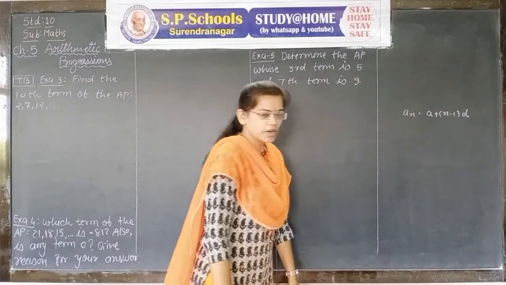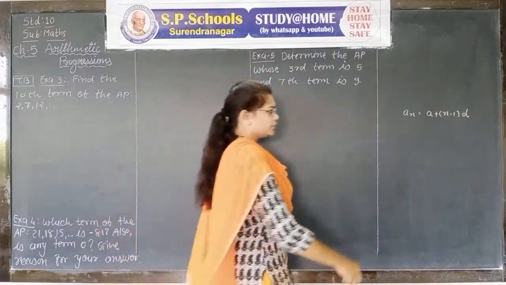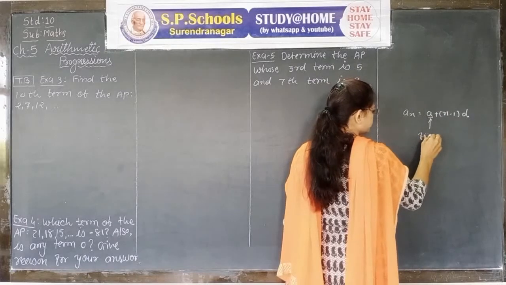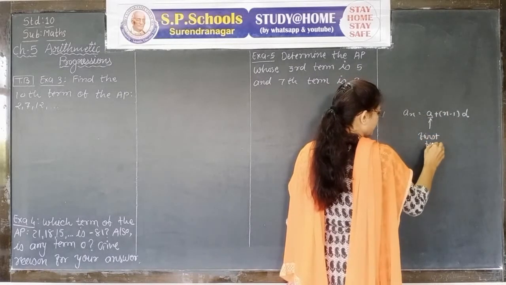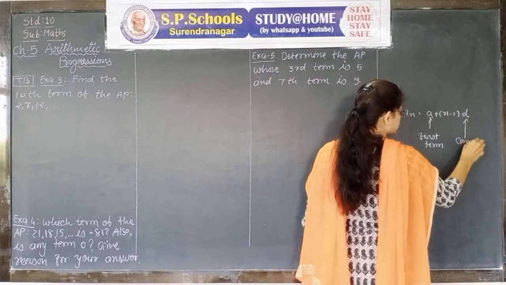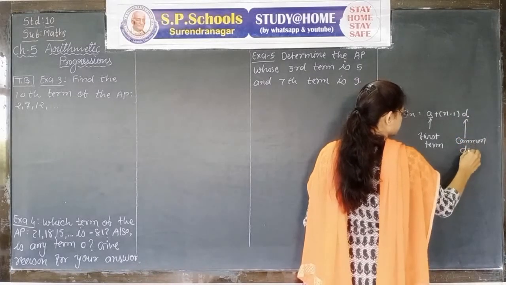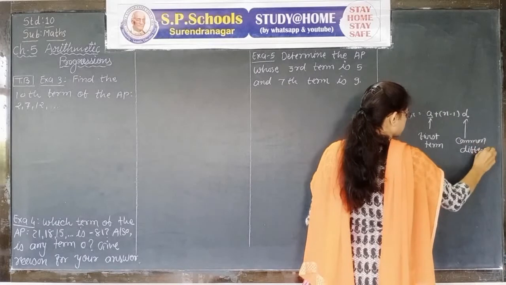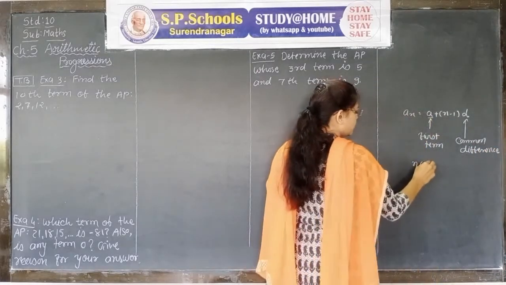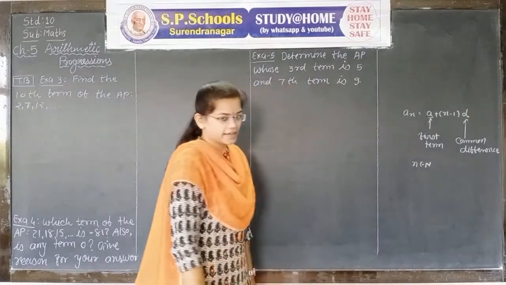It is the formula to find the nth term, in which a is called the first term, d is the common difference, and small n belongs to the capital N.